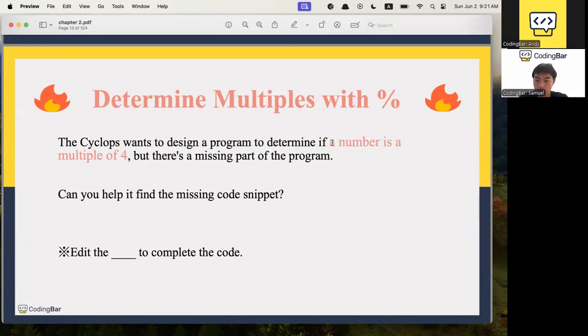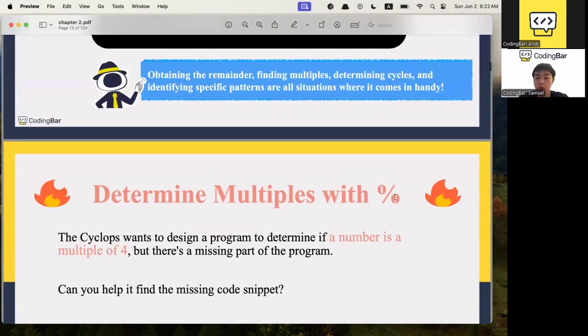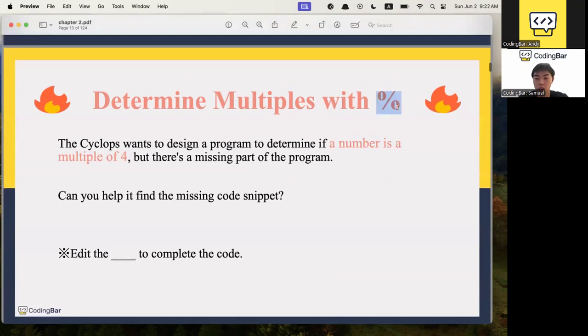If A is 100, the remainder is 0. So that means A, which is 100, is a multiple of 4. However, if, for example, A is 99, the remainder will be something else, definitely not 0. So that means A is not a multiple of 4. So that is one of the usages of percentage. Most of the time we use percentage this way to determine whether a number is a multiple of something.